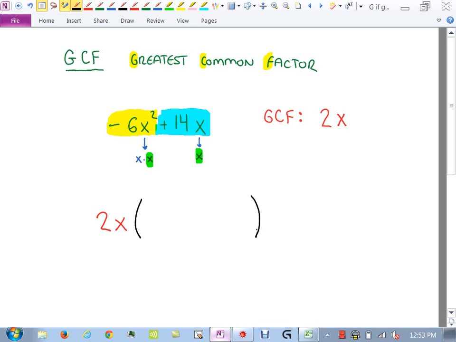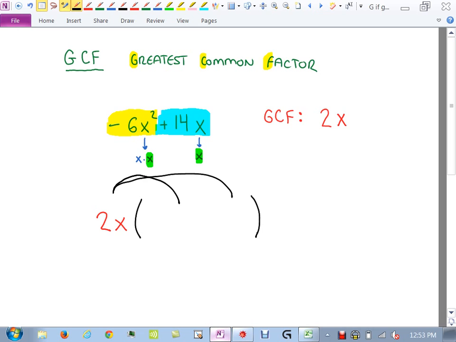At this point, it's now a matter of check and inspect here. I want to try and multiply this 2x through to 2 different things, right? The first thing I want to multiply that's going to sit here, when I multiply this through, I have to create a -6x squared, don't I? So how do you turn a 2 into a -6?